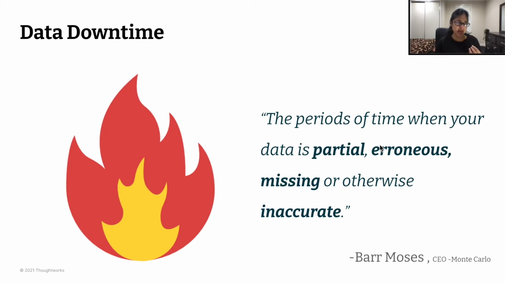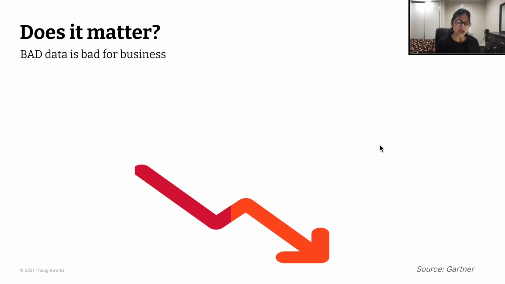Barr Moses has given a good definition for it. She says that the periods of time when your data is partial, erroneous, missing, or otherwise inaccurate is called data downtime. And does it matter? Yes, of course it matters, because bad data is bad for your business.